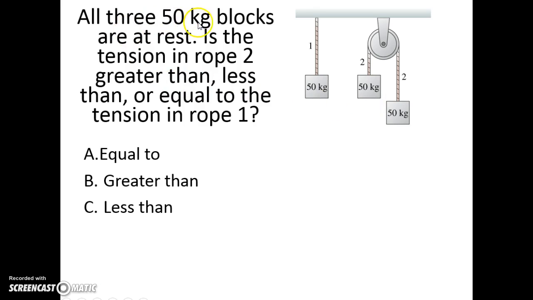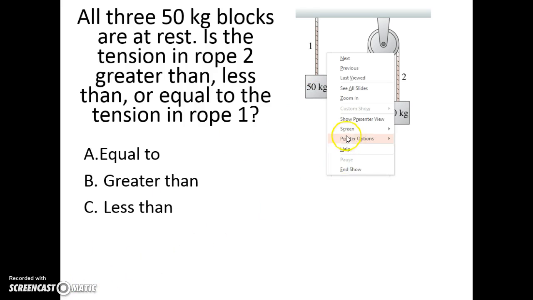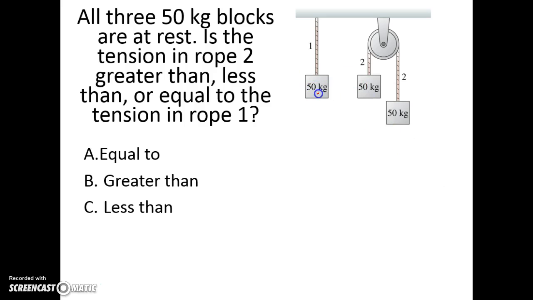So here, all three 50 kilogram blocks are at rest. Is the tension in rope 2 greater than, less than, or equal to the tension in rope 1? So here, if I were to draw the forces, I would have the weight equal to 500 newtons. And then I would have the tension, and if it was just hanging, that would also be 500 newtons.